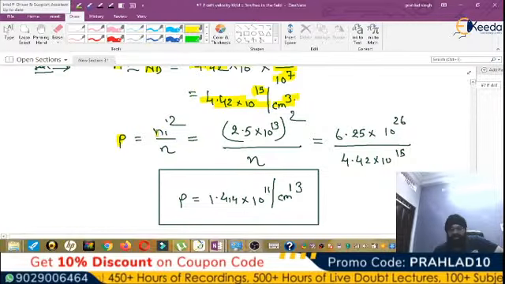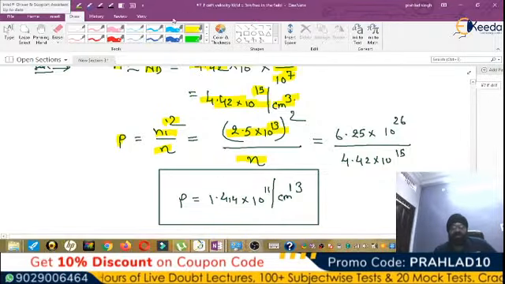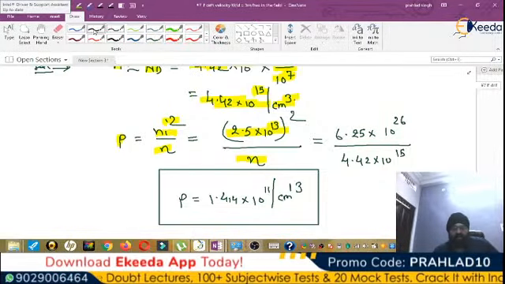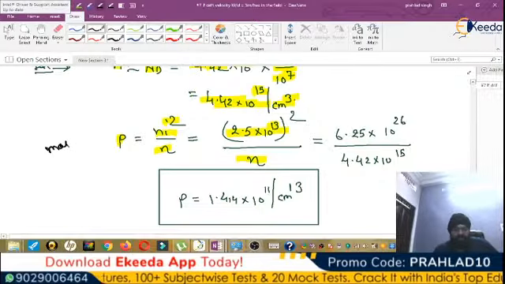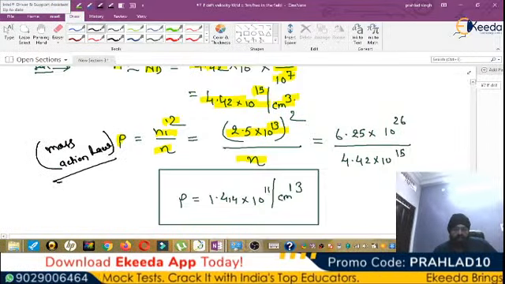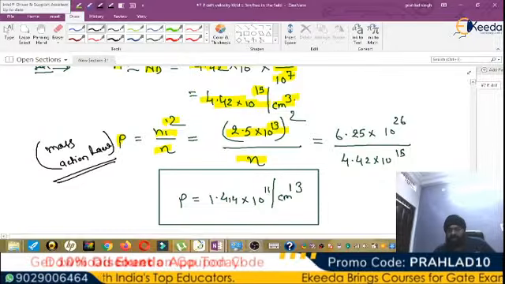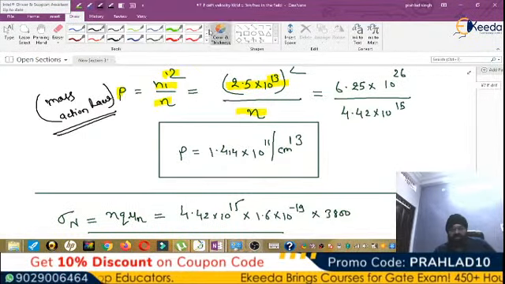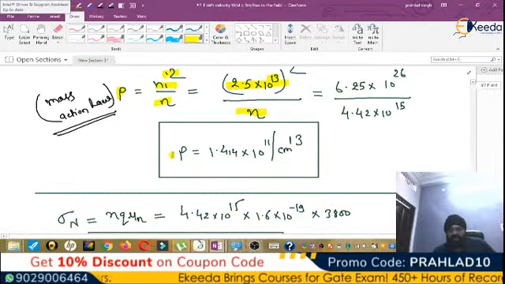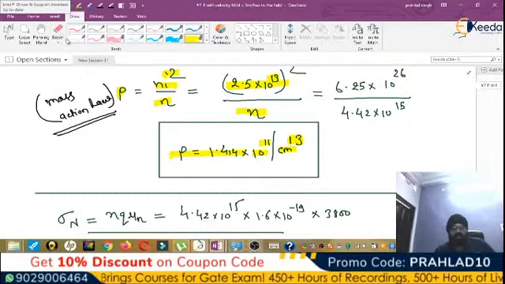So the hole concentration is Ni square by n, that is, 2.5 into 10 to the power 13 square by n, the electron concentration, and this is due to the mass action law. So according to the mass action law, the hole concentration is 1.414 into 10 to the power 11 per centimeter cube.